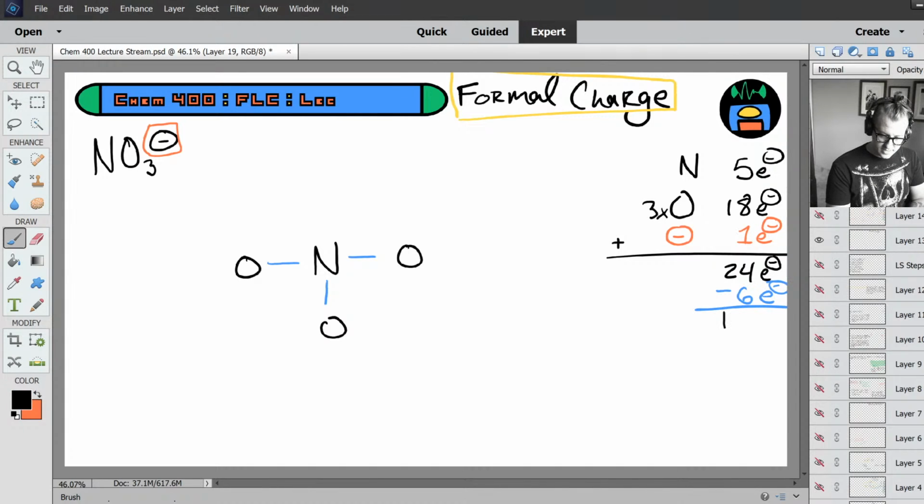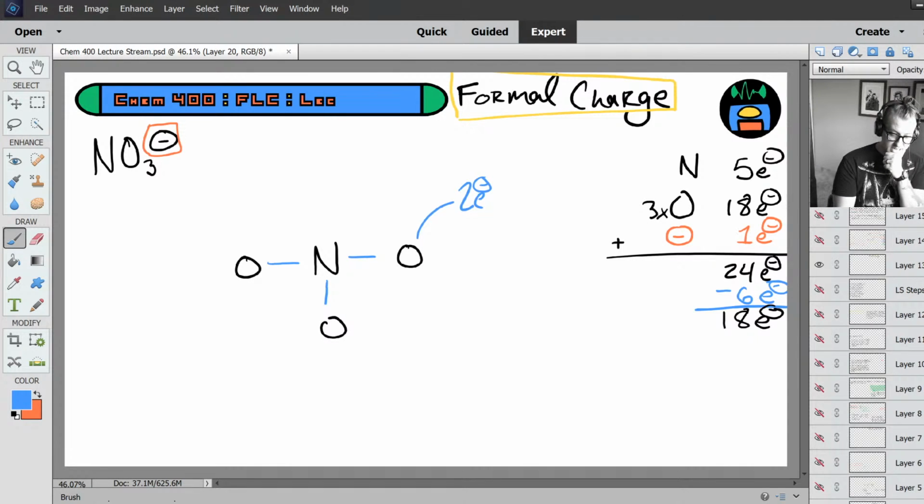Leaving us with 18. All right, next we have to complete our octets. You'll notice that, for example, this oxygen has 2 electrons. It needs 6, so we need to give it 6 more electrons. That's the case for all of these oxygens.